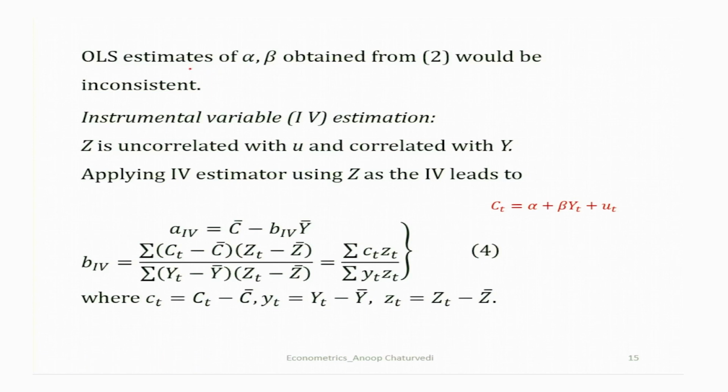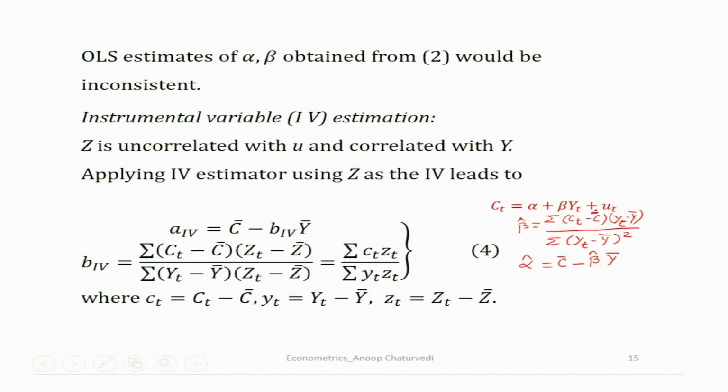If we apply the OLS procedure to equation 2, then the resulting estimators are actually, you have this equation, and if you directly apply the OLS procedure, then the estimator of beta is beta hat equal to summation C t minus C bar y t minus y bar divided by summation y t minus y bar whole square, and the estimator of alpha is C bar minus beta hat y bar.